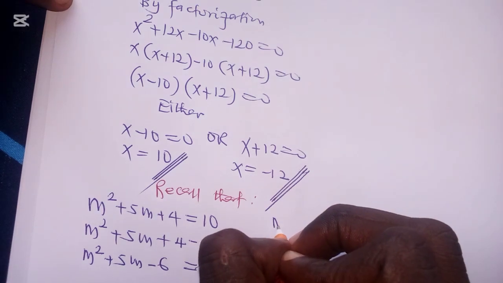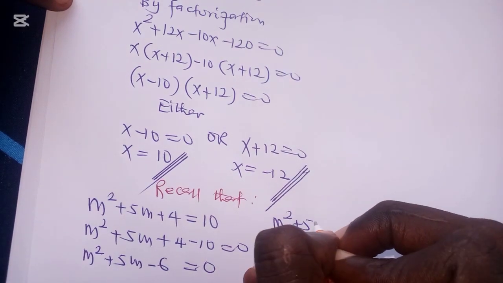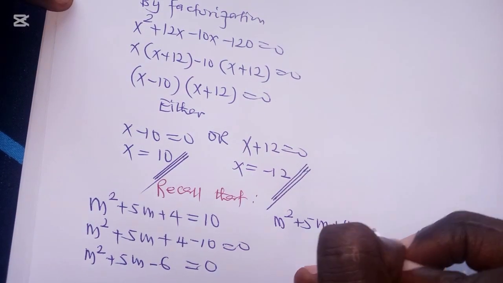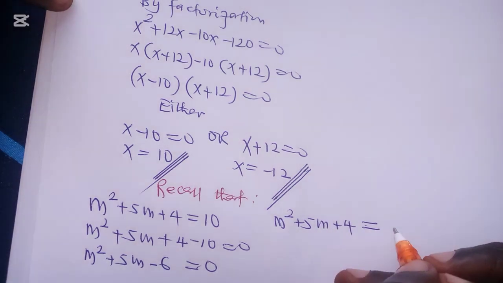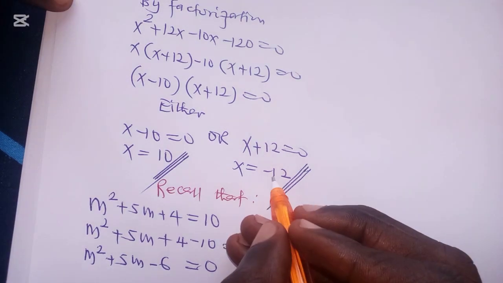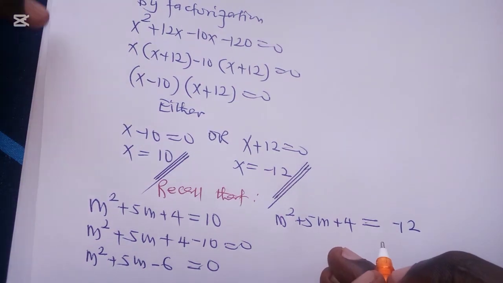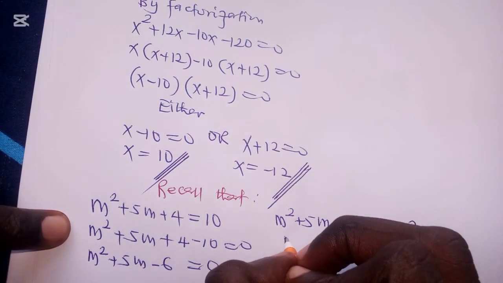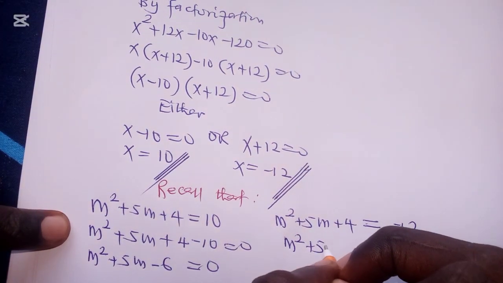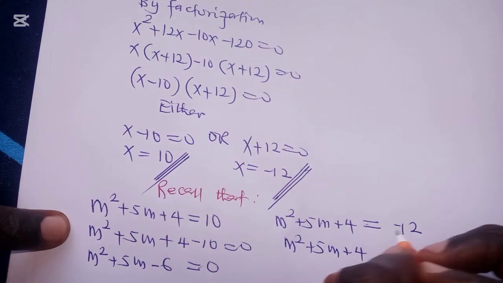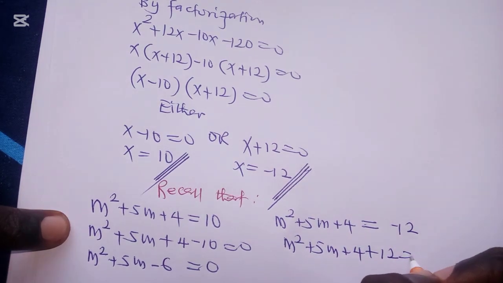Similarly, we also have m squared plus 5m plus 4, and everything becomes x. But we know x already becomes minus 12. So this is m squared plus 5m plus 4, and when this is moved, I'm going to have plus 12. Then everything becomes 0.